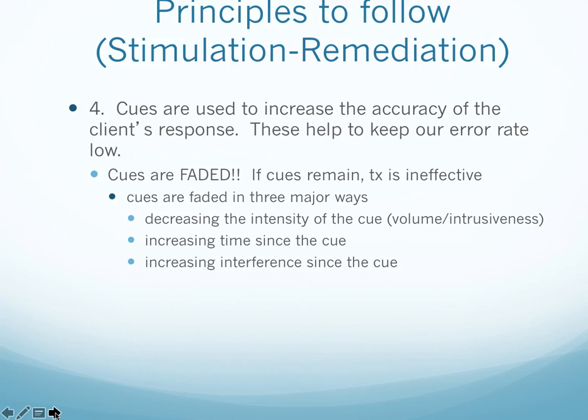You're going to fade them as you integrate practice into the activity. So the cues are going to lessen with each practice. You're going to give less information to the patient for each practice as you try to fade away the cues through increasing the amount of time since the last cue was given, and by increasing the interference.